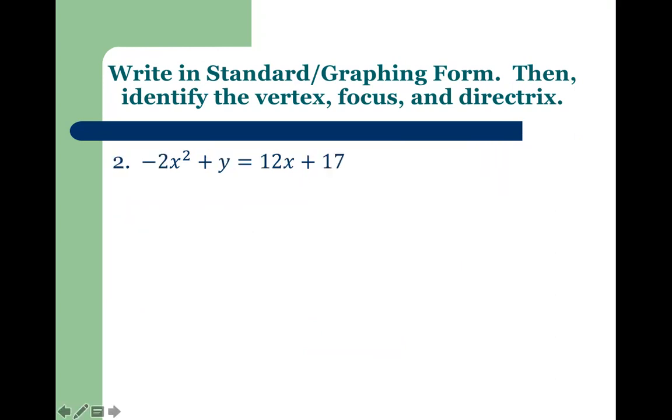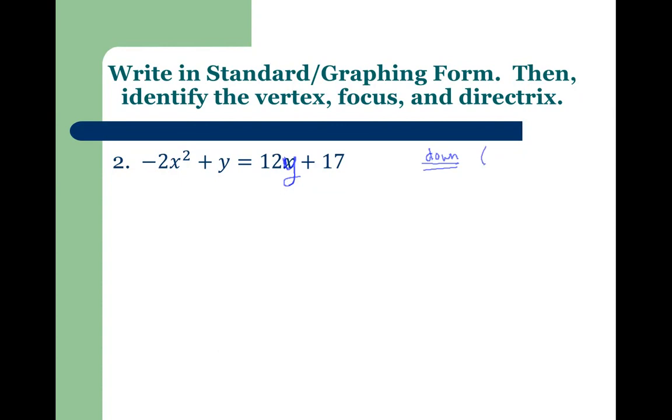Another completing the square. Try it on your own. Oh no, this needs to be a y, I'm sorry. Alrighty, so this is gonna open either up or down, right? I believe this is gonna open down.